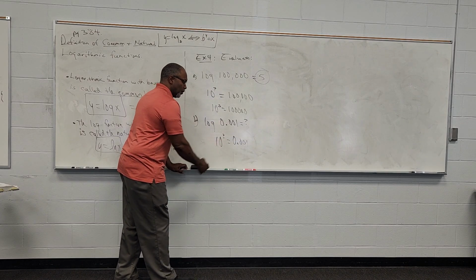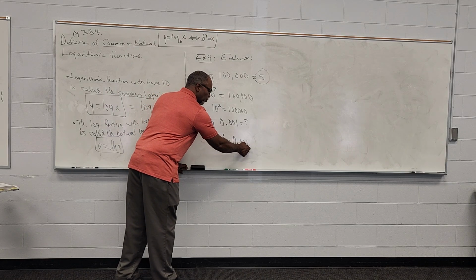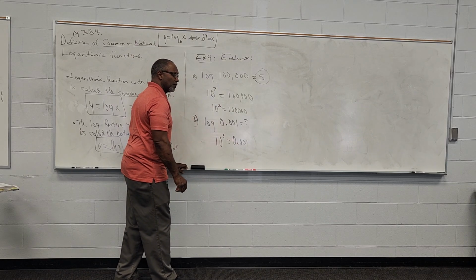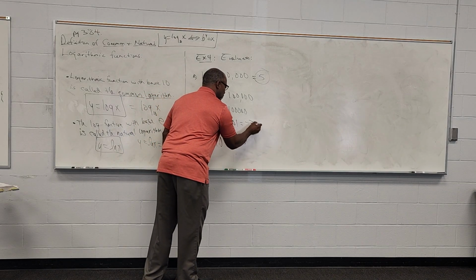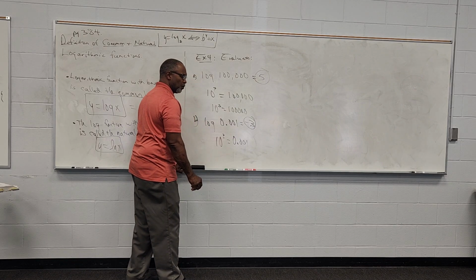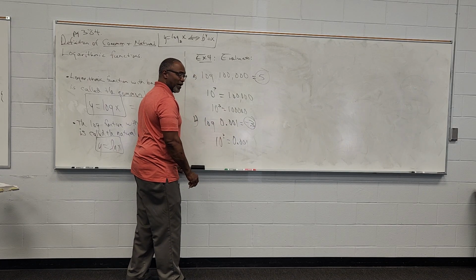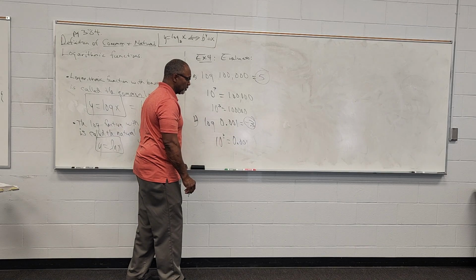Well, now, if you move your decimal place 1, 2, 3 places, you'll get 1. Okay? So this should be negative 3. 10 to the negative 3 power is 0.001. Take your calculator and try it.